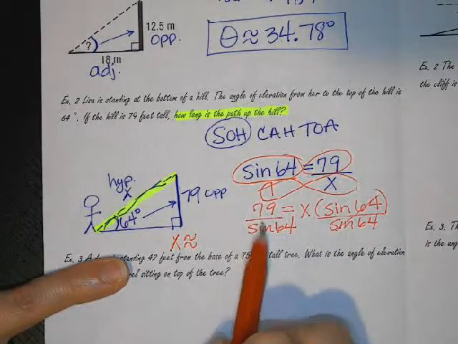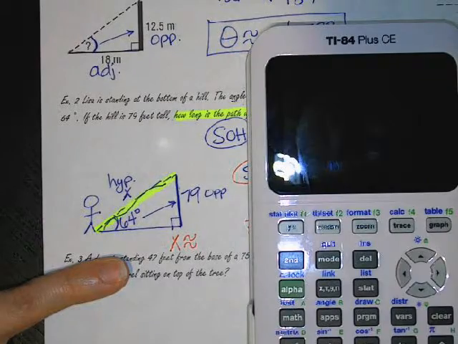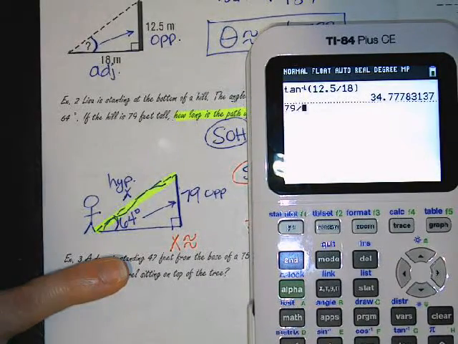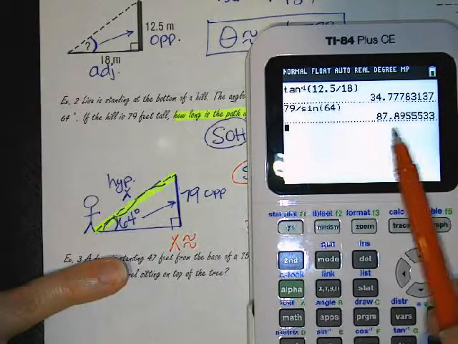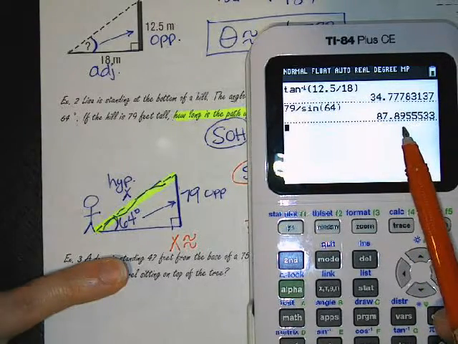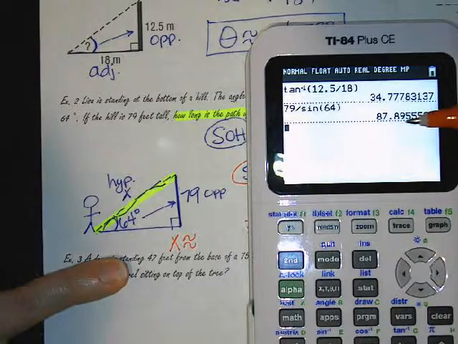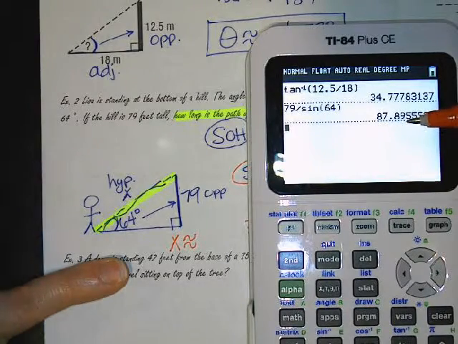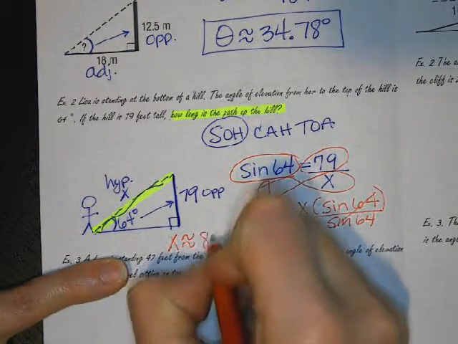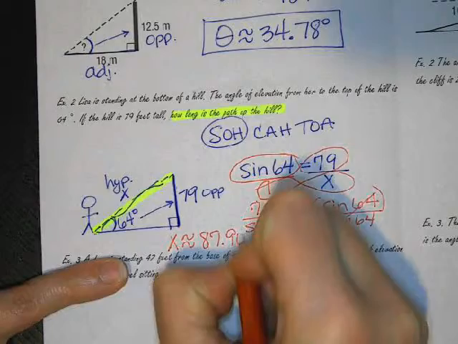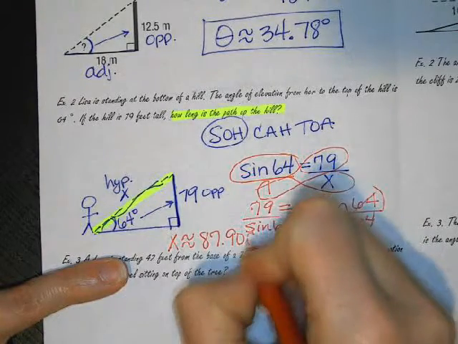So 79 divided by sine of 64. And that's 87.895. So this rounds to 87.90. And it's feet.